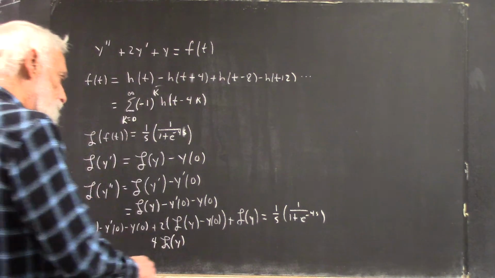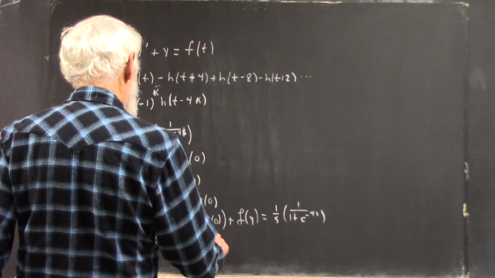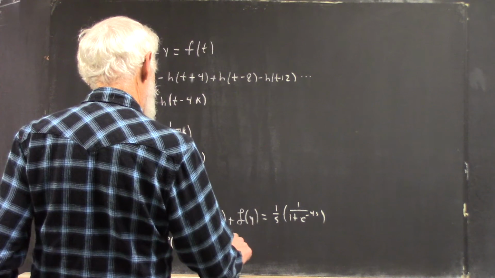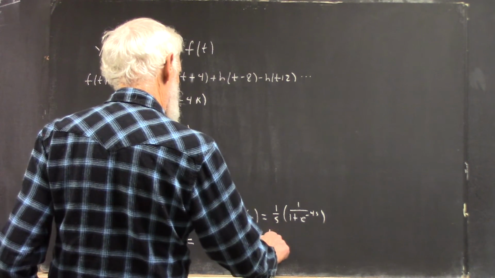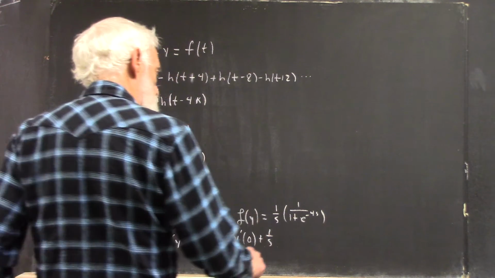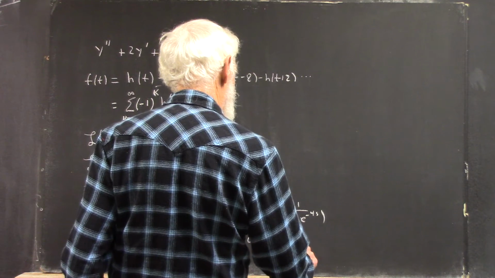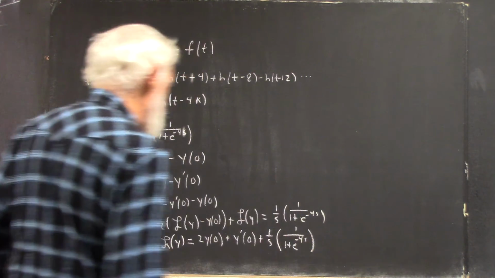They're negative on this side, we're going to add them to the other side, so we're going to get 2y of 0 plus y prime of 0 plus 1 over s times 1 over 1 plus e to the negative 4s.